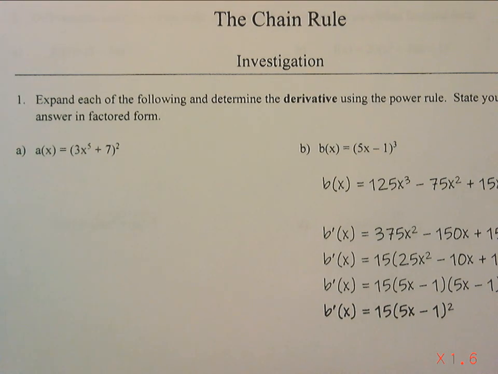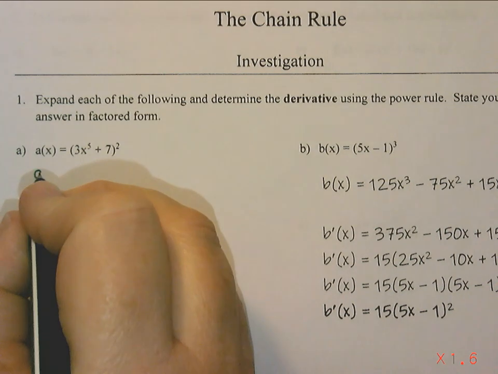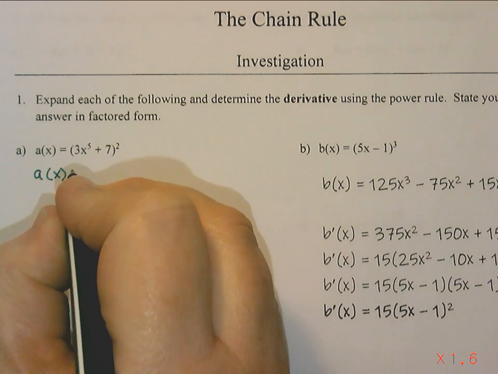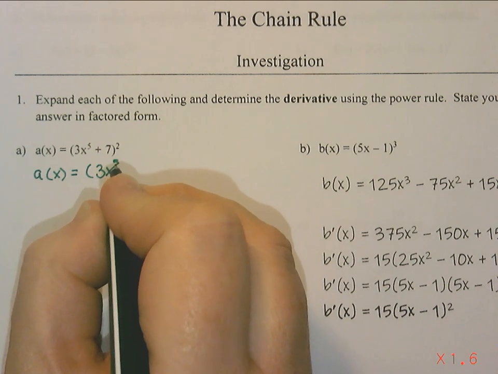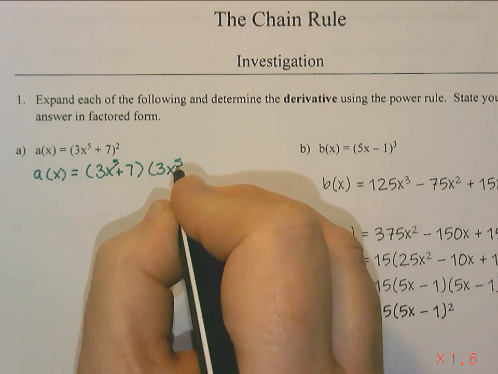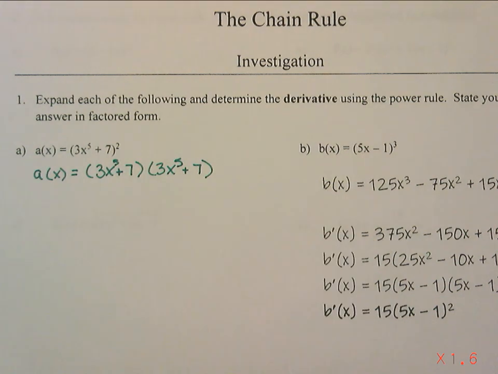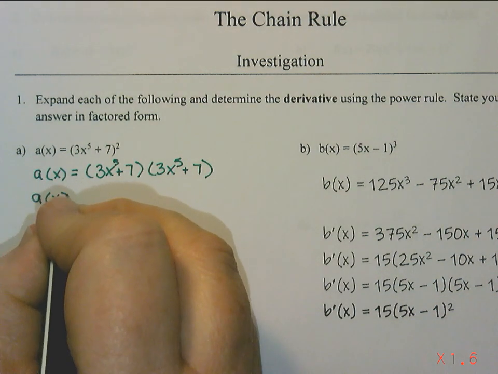We are going to expand or multiply that out, collect up our like terms, and then see if we can take the derivative using power rule. So (3x^5 + 7) squared really means (3x^5 + 7) times (3x^5 + 7). And then we are just going to multiply that out using our distribution skills.